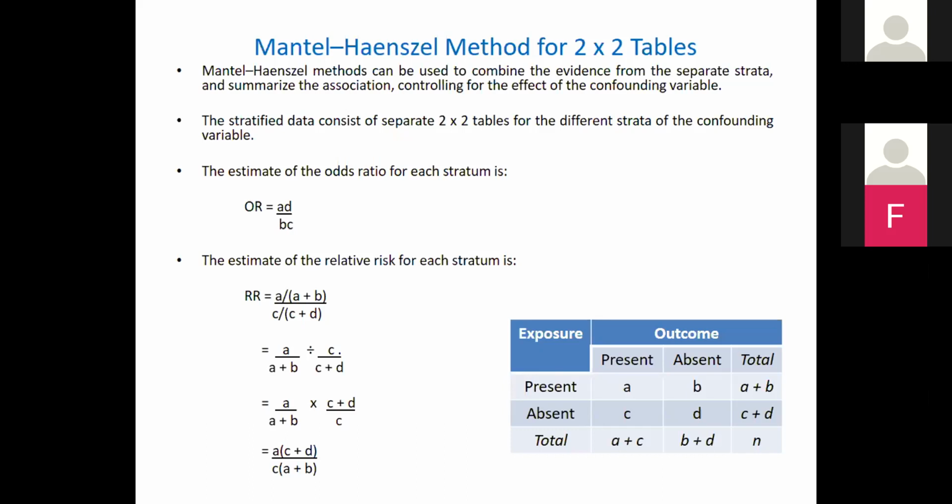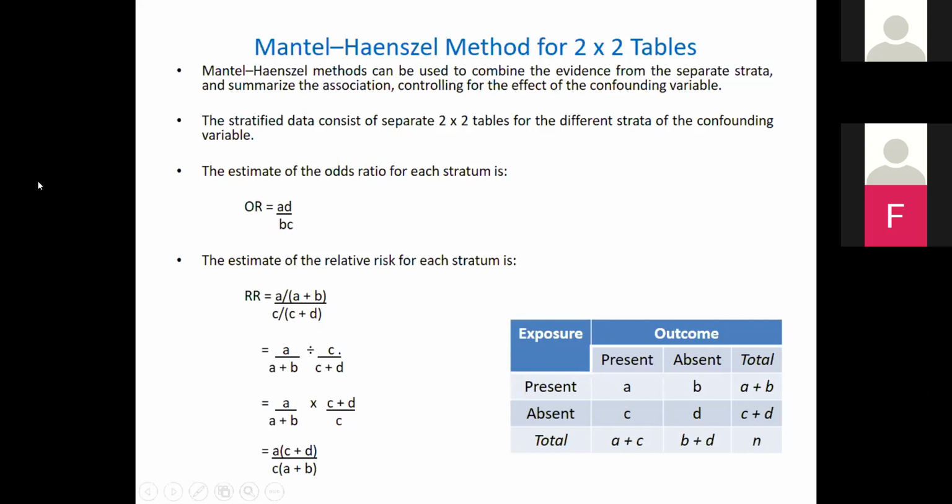But most of the time, what you measure is the odds ratio. The same process applies. Imagine it is a cohort study you are doing, you want to talk about relative risk, so that's why I put it there. So this formula for odds ratio, if you have been following us, does anybody have any problem? If you have a problem understanding it, I will explain why it is AD all over BC.